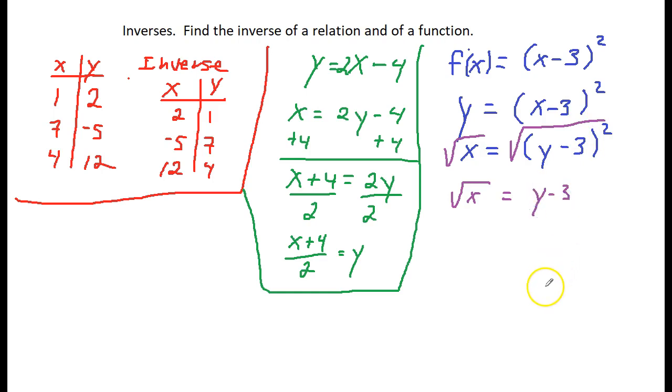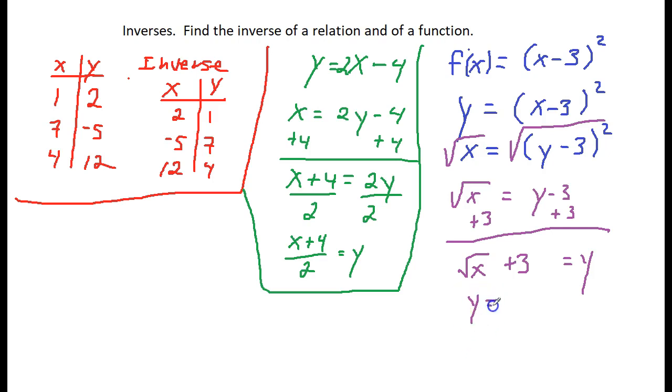Now parentheses are no longer needed. And then I just add 3 to each side. So I have square root of x plus 3 equals y. Now I'm going to interchange. So y equals square root of x plus 3.